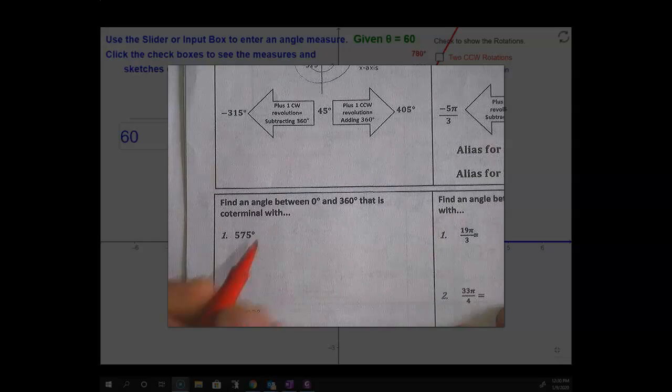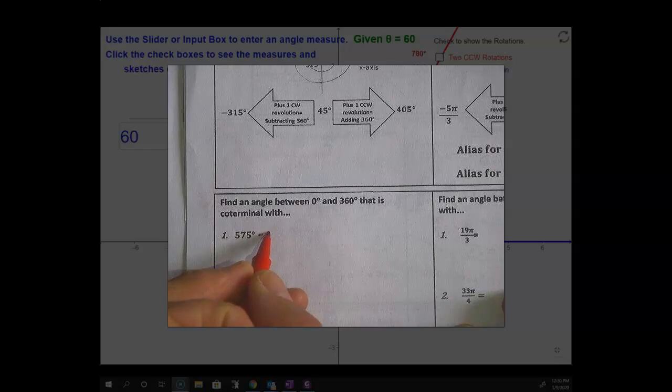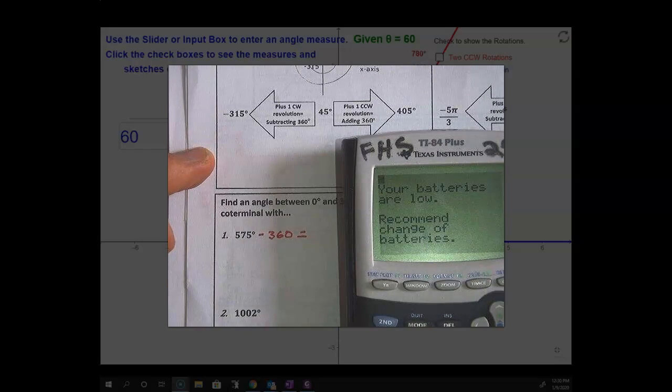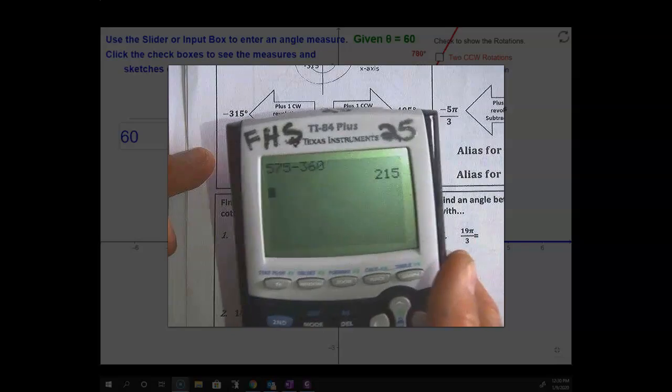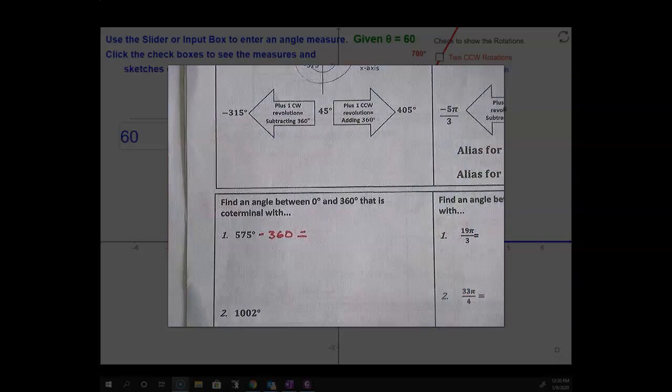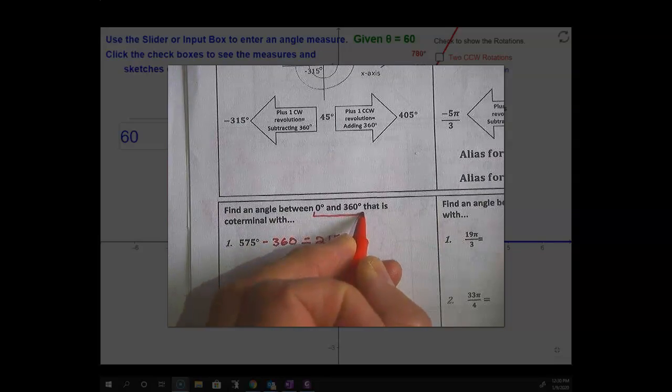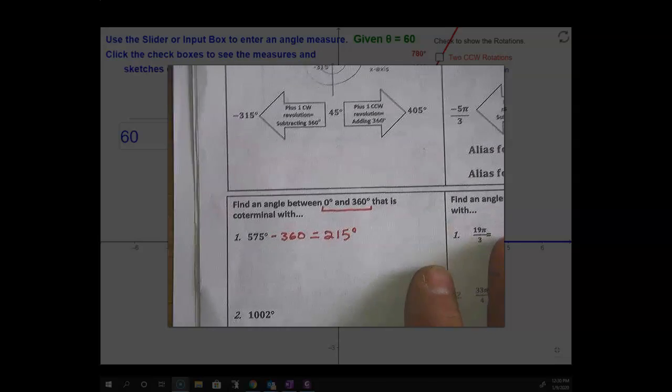If I subtract one 360, then that new angle is going to be coterminal. These two angles would have the same edge, 215. And 215 is between 0 and 360, so that's what I want.